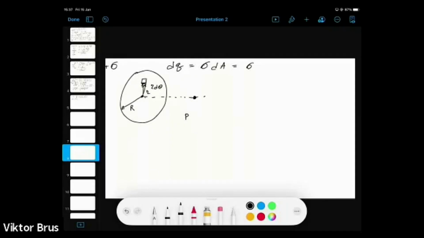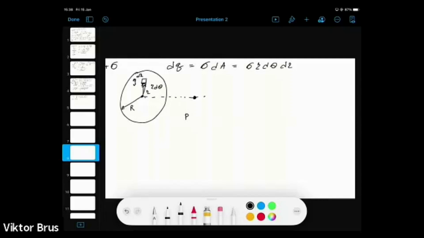And this side can be defined as dr. So that's why our small area is radius times d theta, theta in radians. The product of radius and the angle in radians gives us the length of one side, and the length of the other side is dr. Okay.